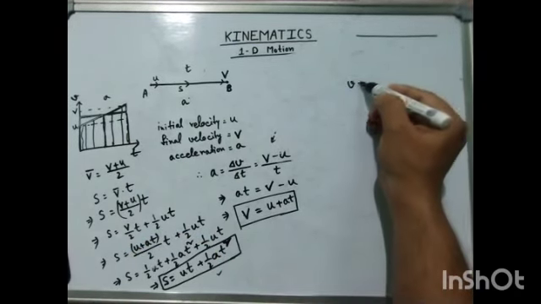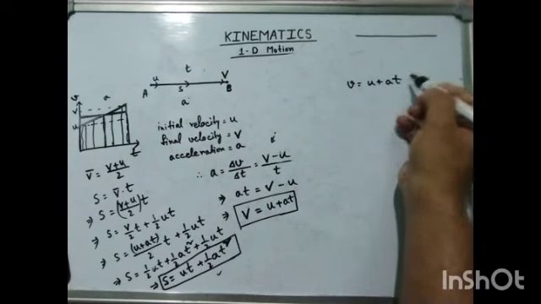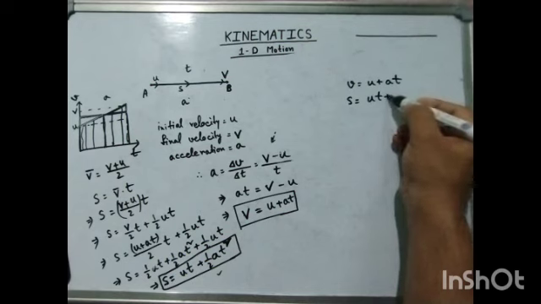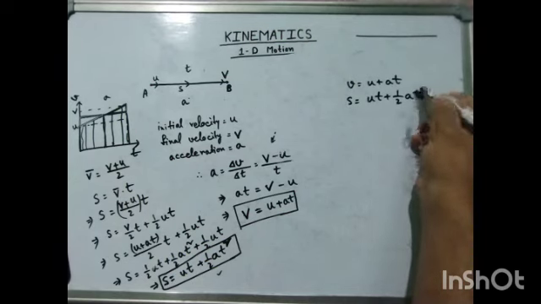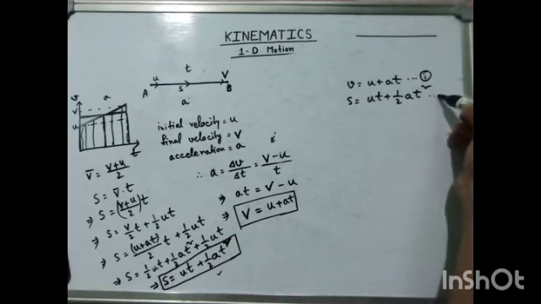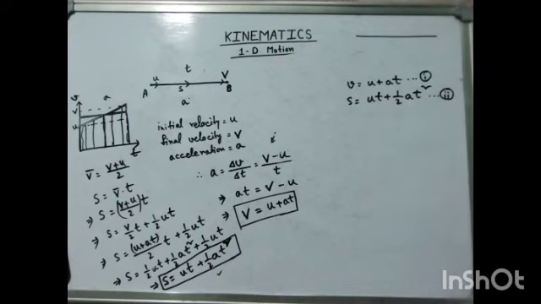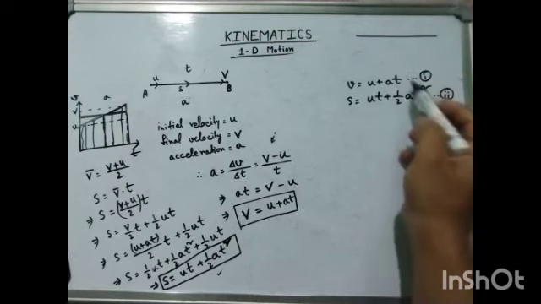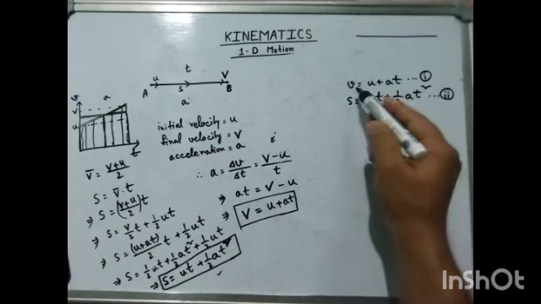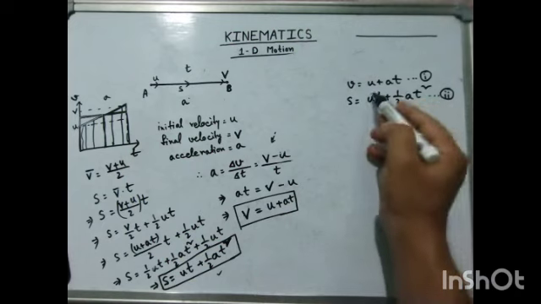So we know v equal to u plus at, and we also know s equal to ut plus half a t square. Suppose this is equation one and this is equation two. If I can eliminate t from these two equations, I can find the relation between v, u, a and s.